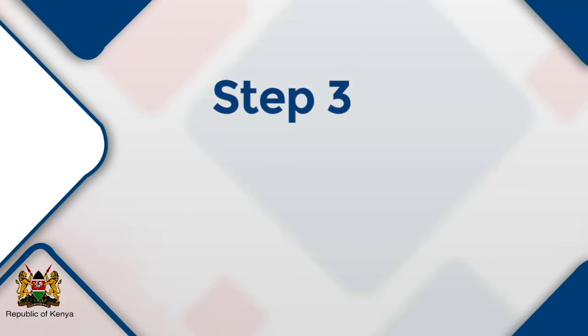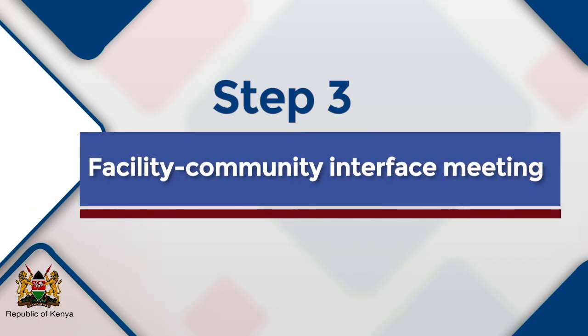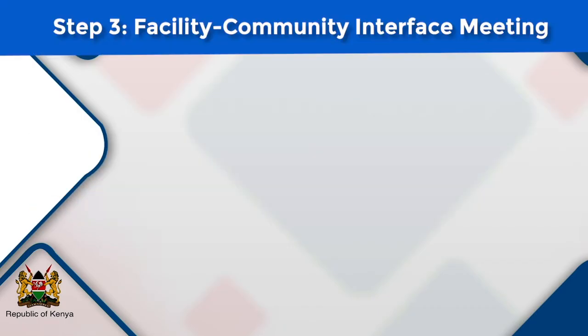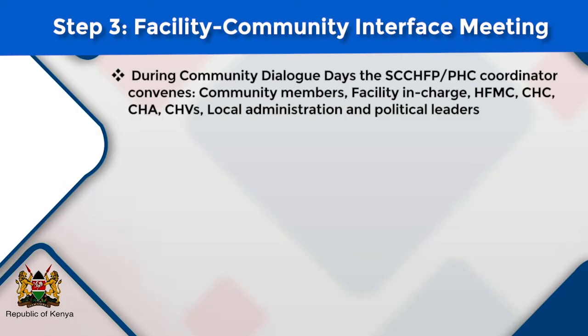Step 3. Facility Community Interface Meeting. During community dialogue days, the sub-county community health focal person or the public health committee coordinator convenes community members, facility in charge, Health Facility Management Committee, Community Health Committee, Community Health Assistant, Community Health Volunteers, and local administration and political leaders.